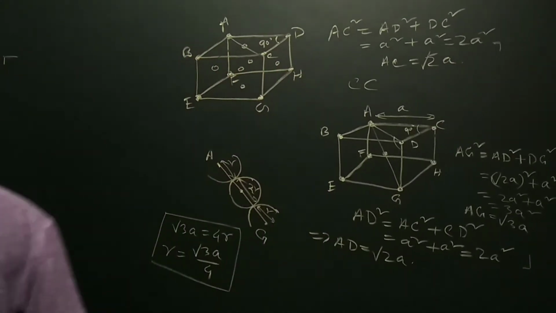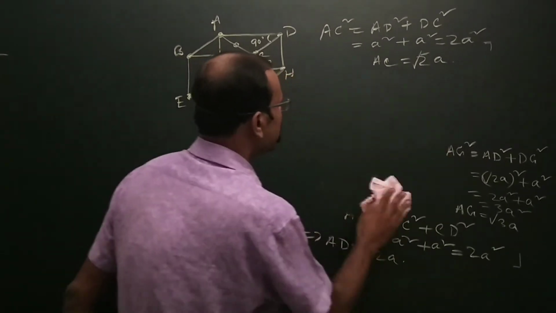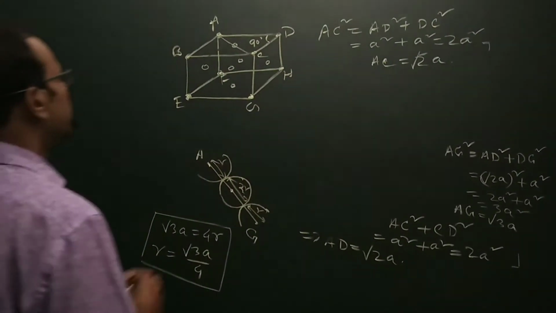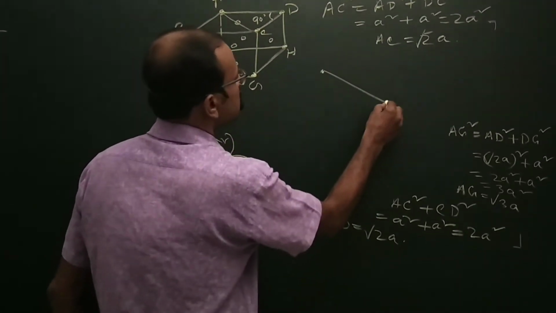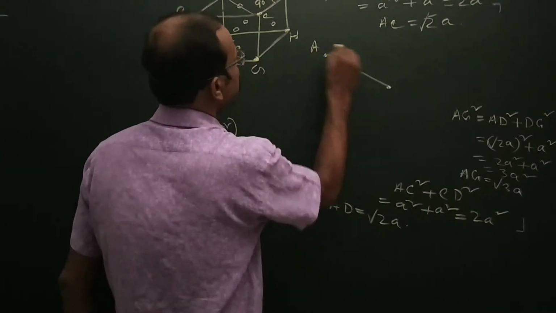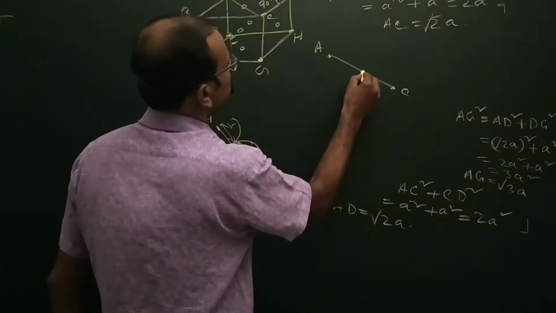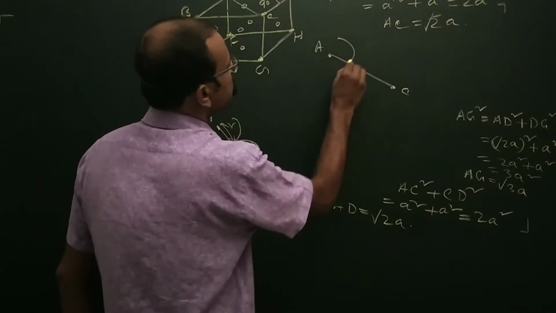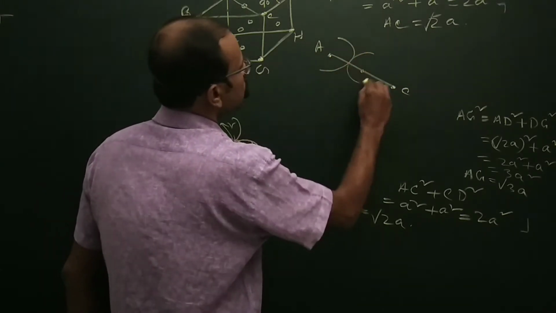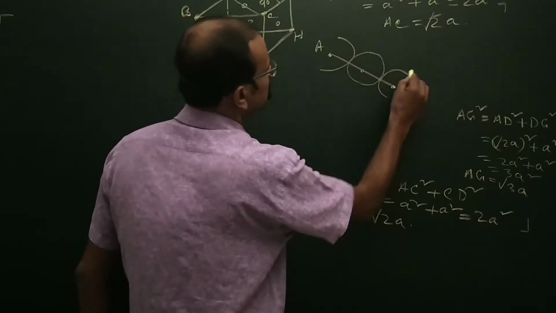So you see again, I am taking out the section from the cube, AC. This is A and this is C, AC, and there is a particle at the face, at the center of this line. So this sphere and this sphere touch each other.